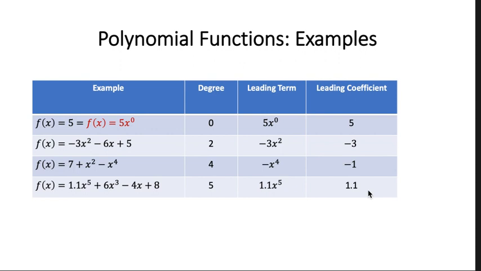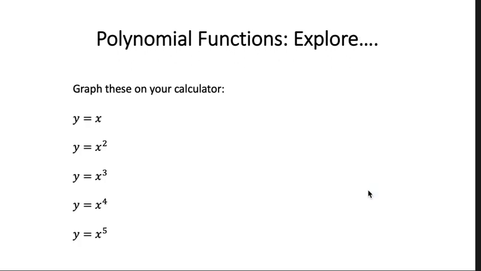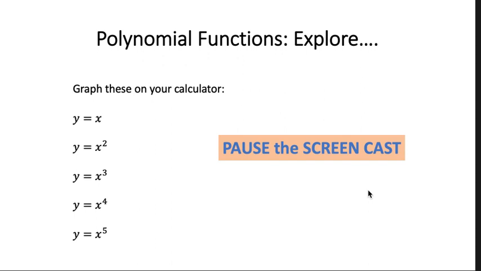Okay, I want to talk about this leading term test, and I want to lay some groundwork. What I want you to do is graph these on your calculator. Pause the screencast and graph all of these on your calculator.